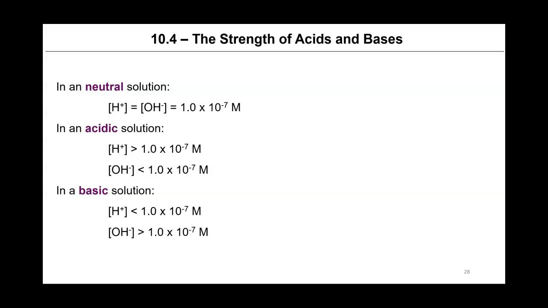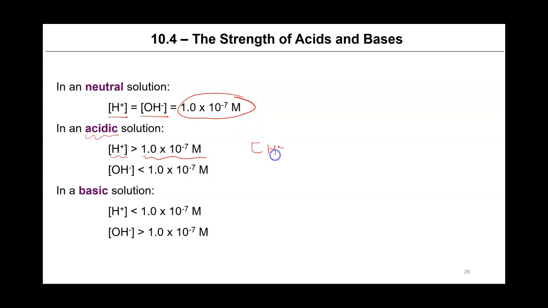In a neutral solution, hydrogen ion concentration always equals hydroxide ion concentration and is 1 by 10 to the minus 7 moles per liter. When we add an acid, remember that the acid functions to increase hydrogen ion concentration. So now the concentration of the H plus will be greater than 1 by 10 to the minus 7.